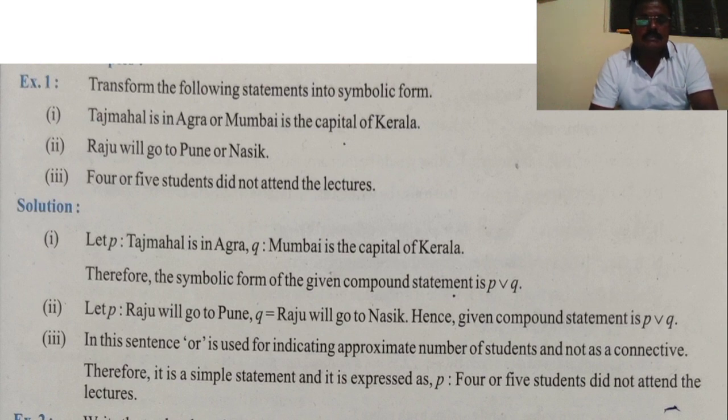In this sentence, or is used for indicating an approximate number of students and not as a connective. Therefore, it is a simple statement and it is expressed as P: 4 or 5 students did not attend the lectures.